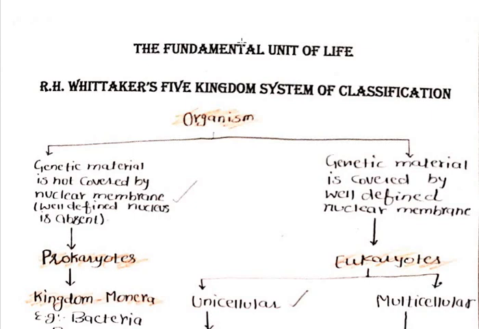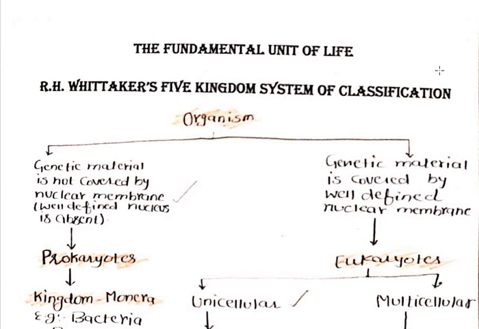My request to you all is that from today onwards, as I teach you biology, you will prepare your own notes. That will help you after 2 years. So now, without wasting any time, let's start with the first topic of biology for class 11.